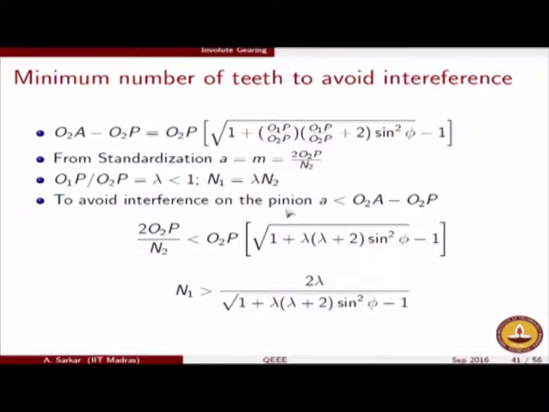When this rack meshes with the circular blank, it will cut out the involute tooth profile on the blank, and as a result you get your spur gears.